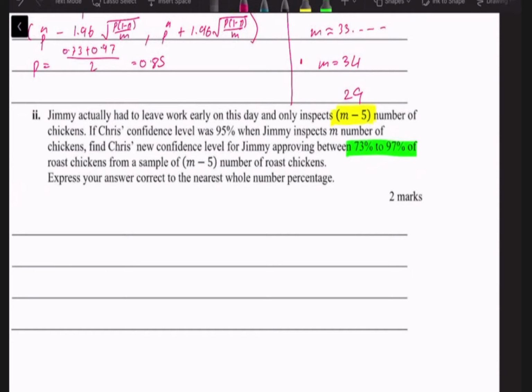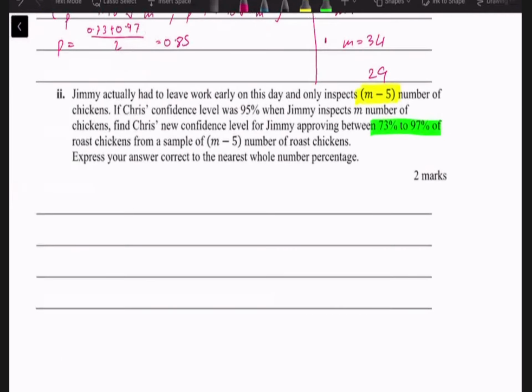So we can use the same thing as we did before, except this time we're trying to find a different value. So we have 0.73 to 0.97, and again, that's from p hat minus, but this time we don't know what the confidence level is, so the z value in front of this will remain unknown.